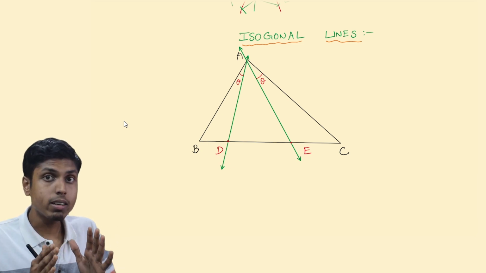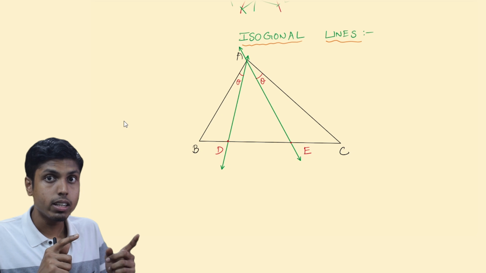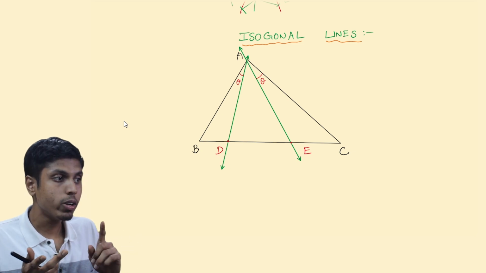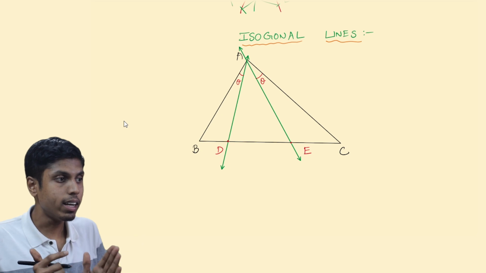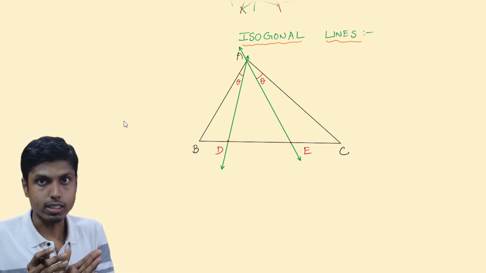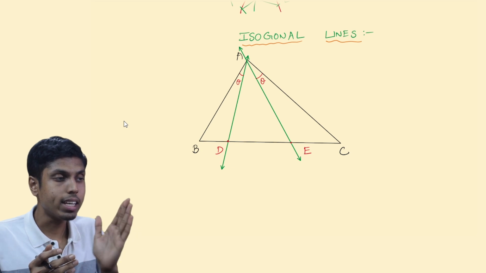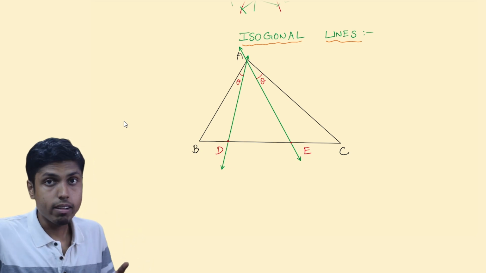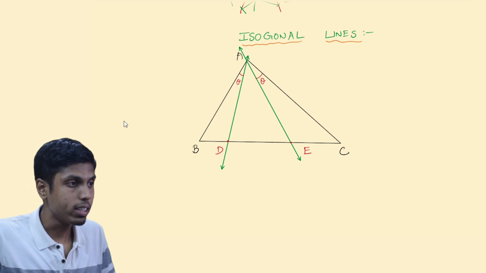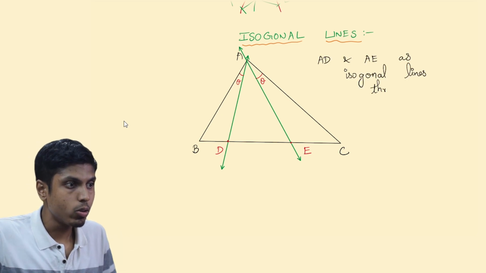They are not lines that make equal angles with the same sides, but rather in opposite order. So you need to consider the angle of the line AD with AB and the line AE with AC. But you can also consider AD with AC and AE with AB. That will also be equal. Then we may call these 2 lines AD and AE isogonal lines through the vertex A.